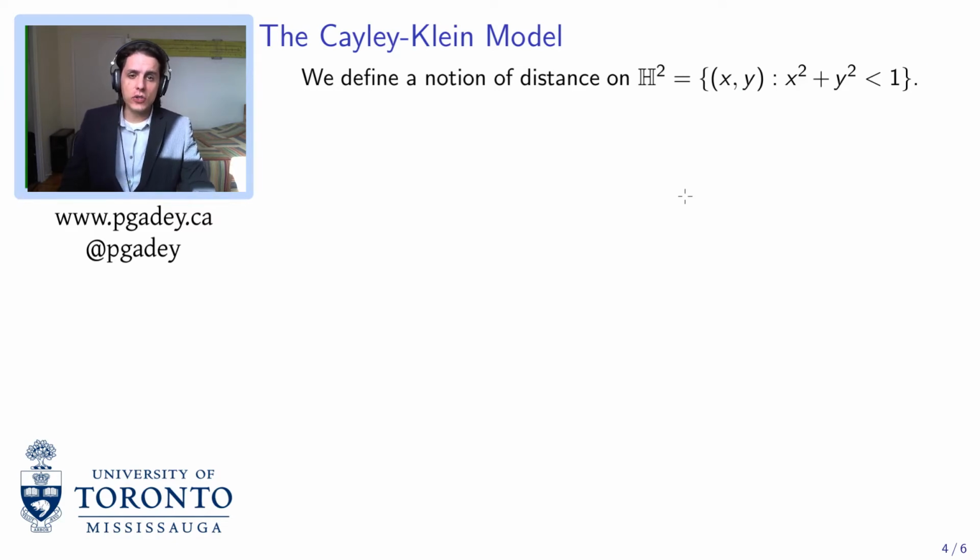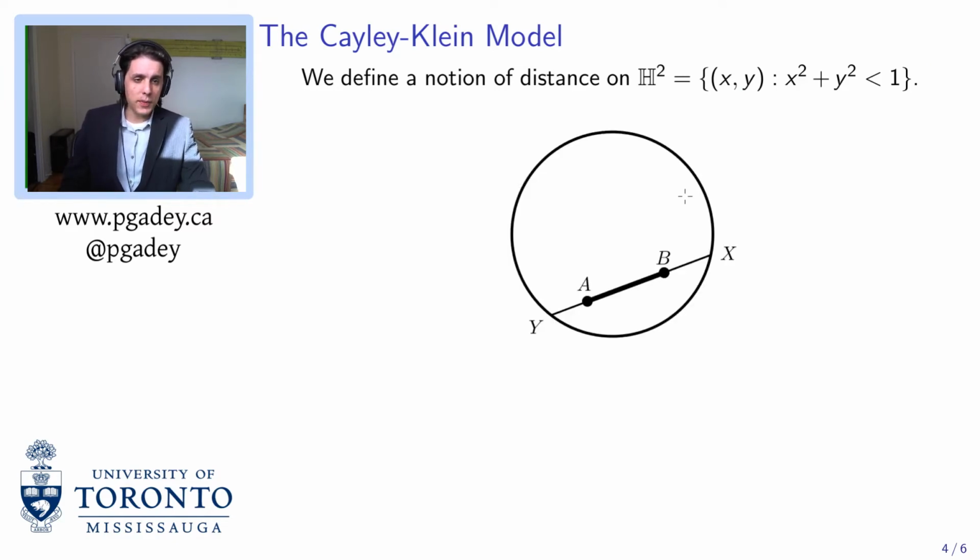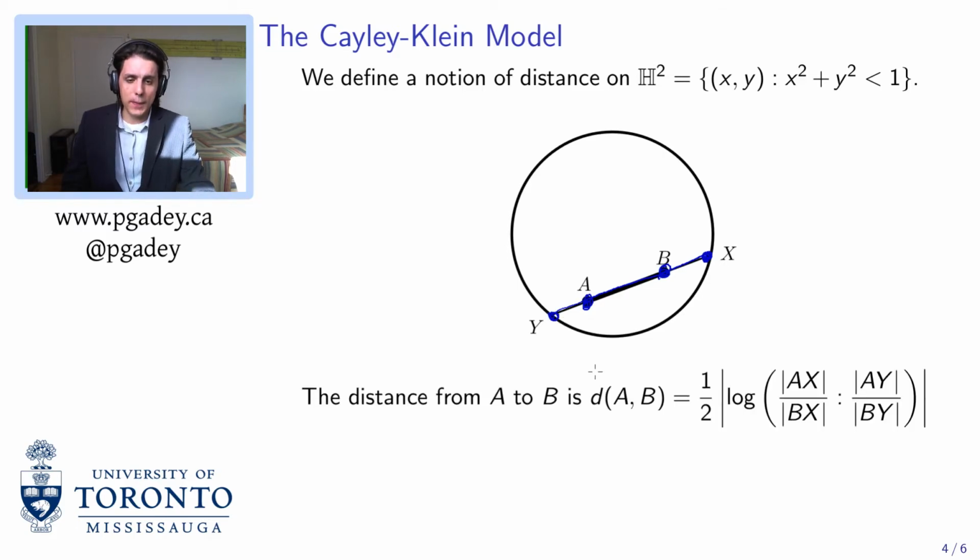We define a notion of distance on the hyperbolic plane in the following way. So given a pair of points A, B, we can now form a Euclidean straight line through A and B, and that will intersect the absolute at a pair of points X, Y. The distance from A to B is then defined to be the logarithm of this ratio.